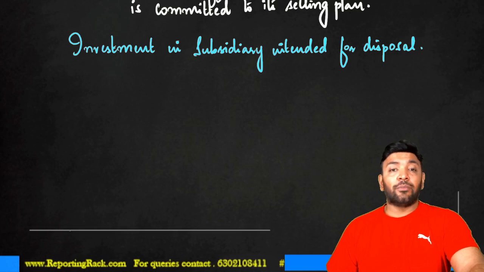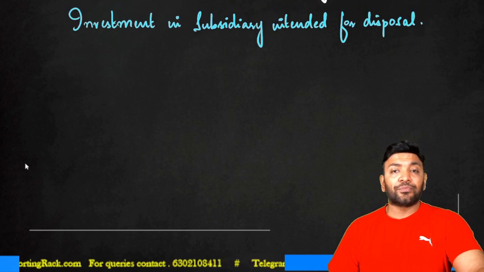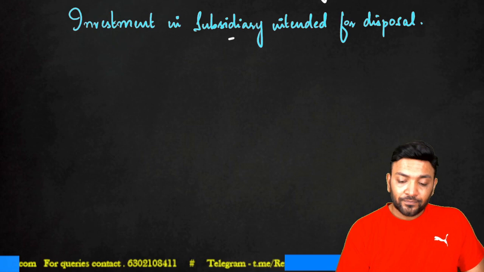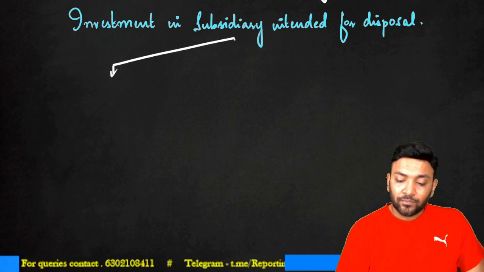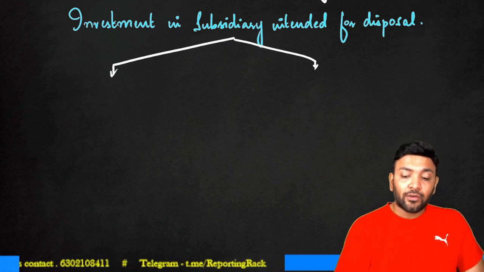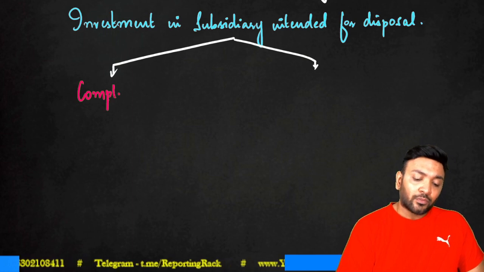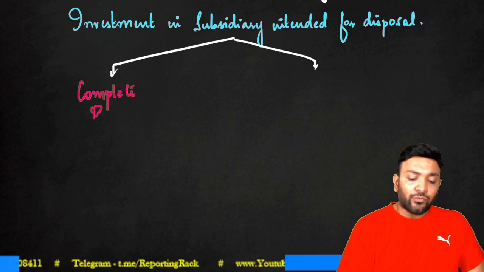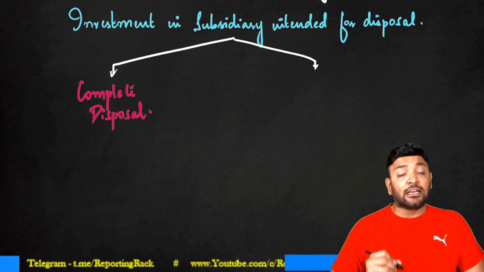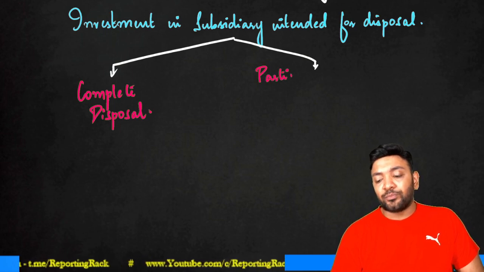If you are intending to dispose it, then in such circumstances, my disposal can occur in 3 ways. Broadly 2, I'll bring back the third one. First one is called complete disposal. You are not holding any share in the subsidiary after the disposal, or there is a partial disposal.